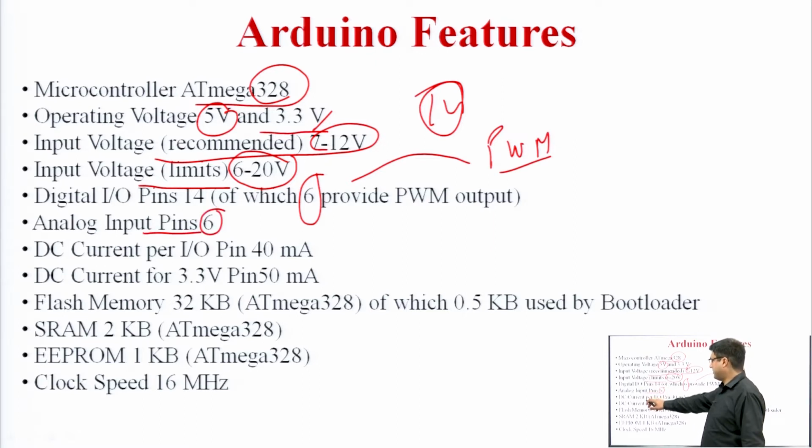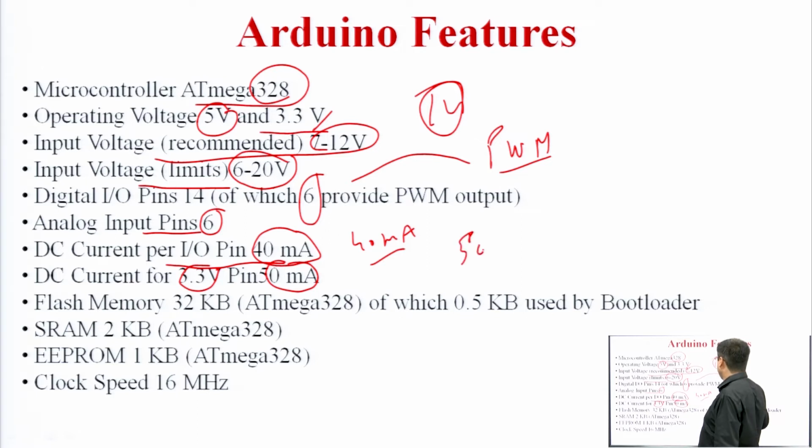DC current per input output pin: one input output pin has a DC current consumption of 40 milliampere. DC current for the 3.3 volt pin is 50 milliampere.